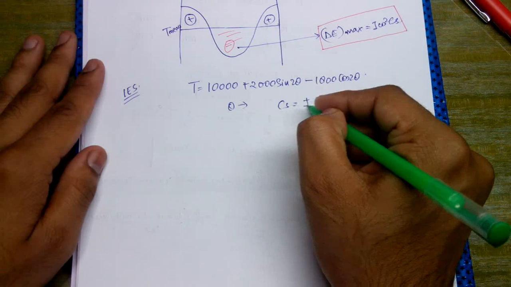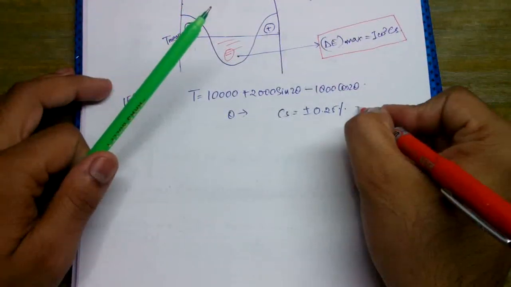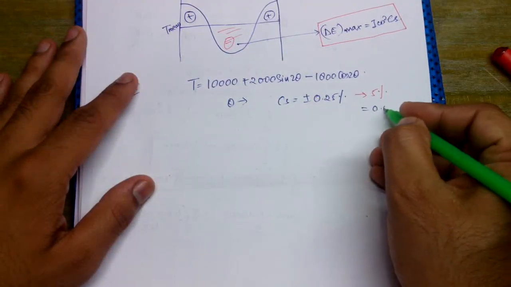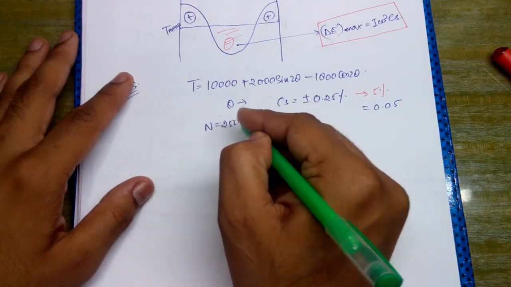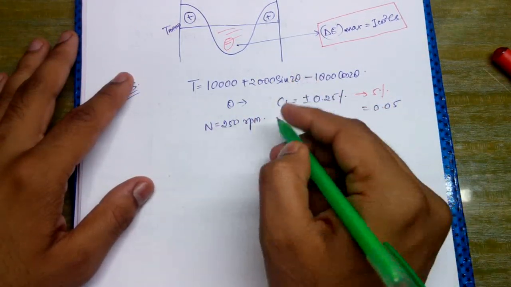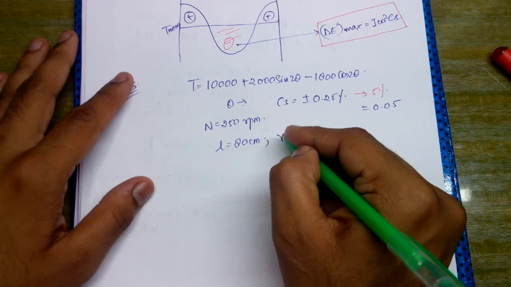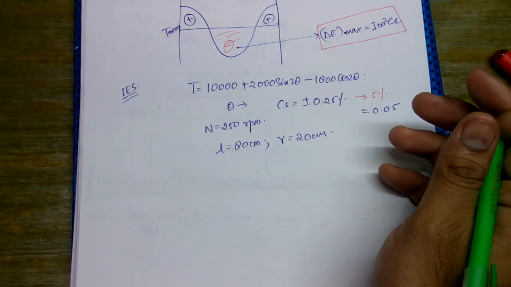Coefficient of fluctuation of speed is plus minus 0.25%, so we multiply it by 2, and hence it becomes 5%, which can be written as 0.05. N has been given as 250 rpm. Length of the crank is given as 80 centimeter and radius of the crank as 20 centimeter.